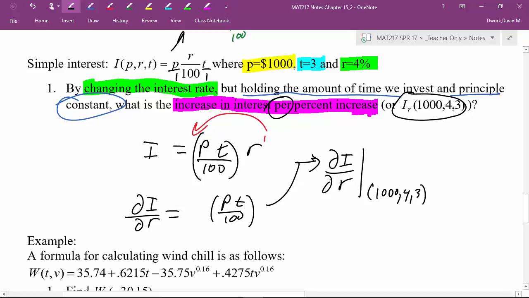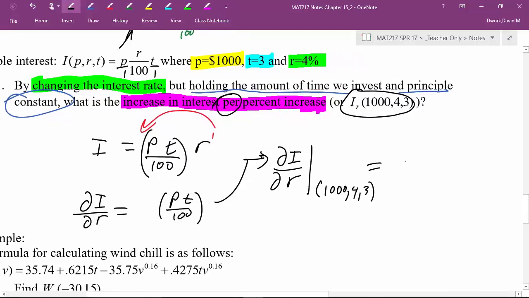So notice with the Leibniz notation, you just do the dI over dr with a big bar next to it and the values you're substituting in. And now we put an equal sign. So, all right, our principal was 1,000. Our time was 3, and we're dividing by 100. So now the simplification, 100 divides with that, leaving me with 10. So therefore, this is just going to be $30.